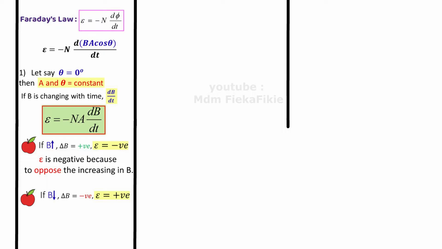So kita akan dapat nilai induced EMF kita adalah positive value. So induced EMF is positive because to oppose the decreasing in B. B is decreasing, berkurang, and at that time the induced EMF will be positive value.